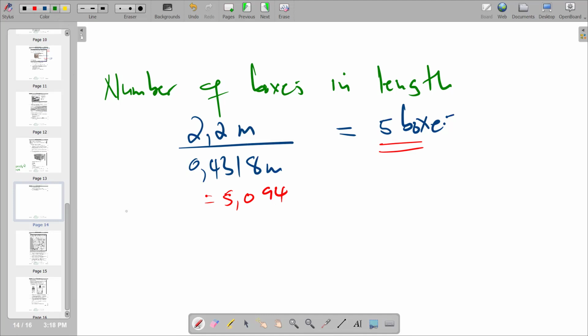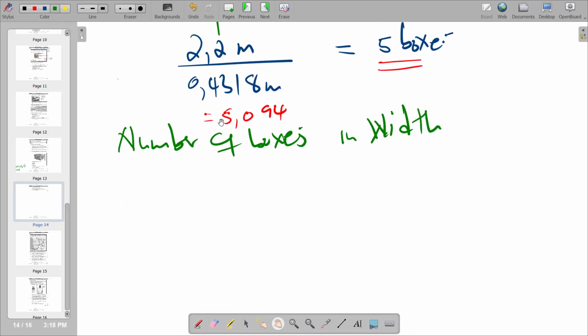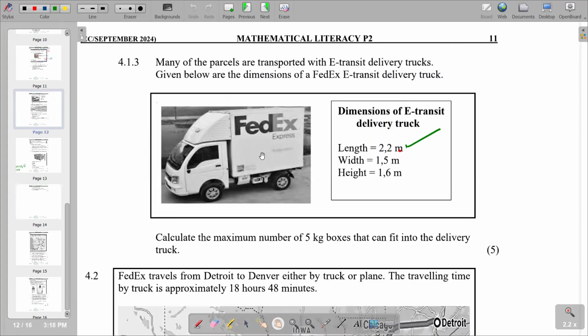And then we also have the number of boxes in width. Remember the length, the width and the height, we are having the same as 0.4318. So on our calculation, we just check the width of the truck, which we are given as 1.5.